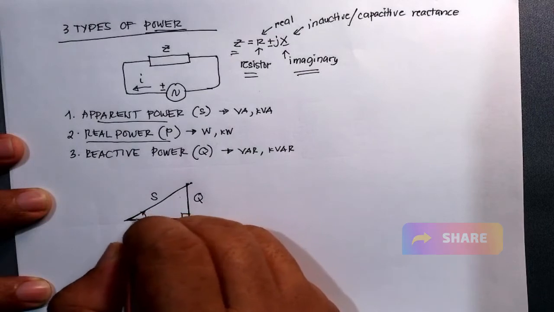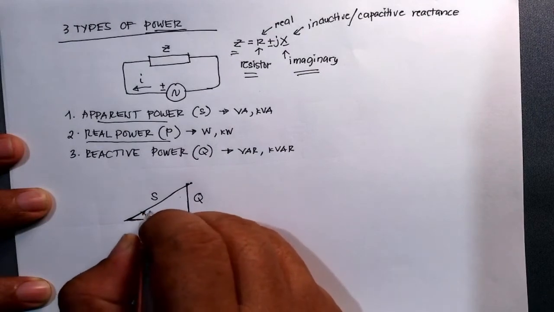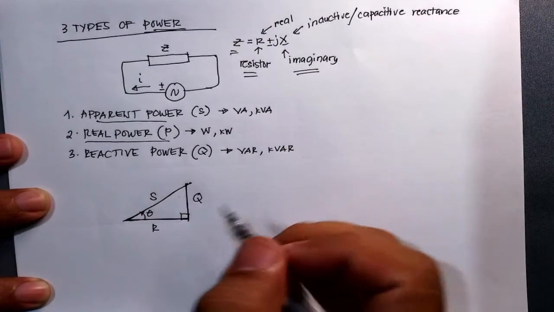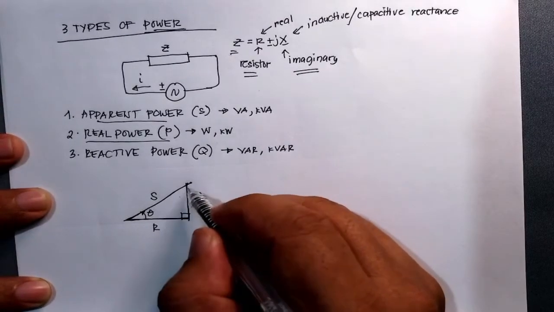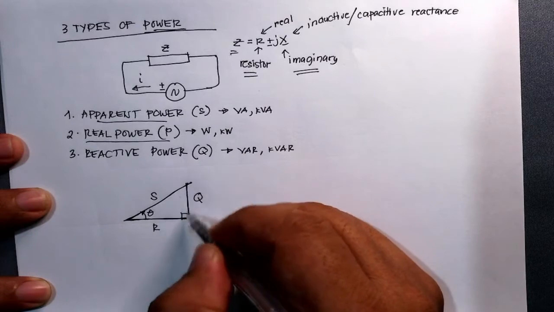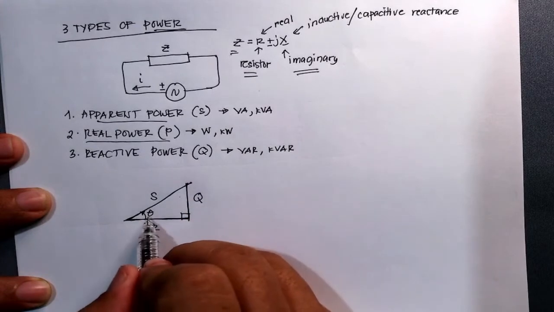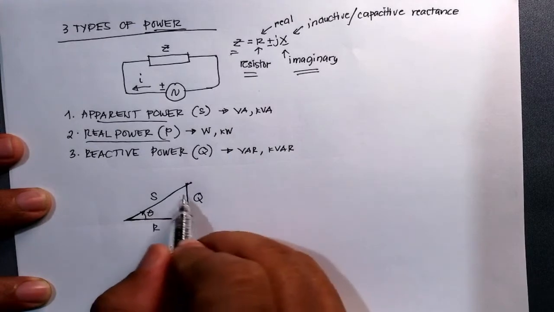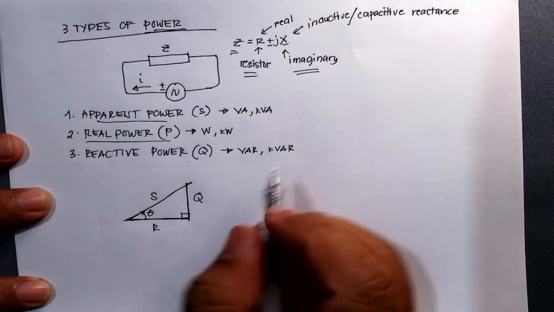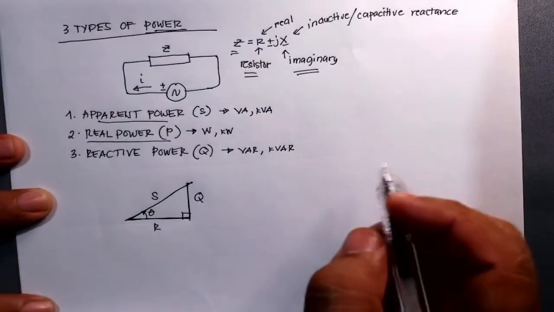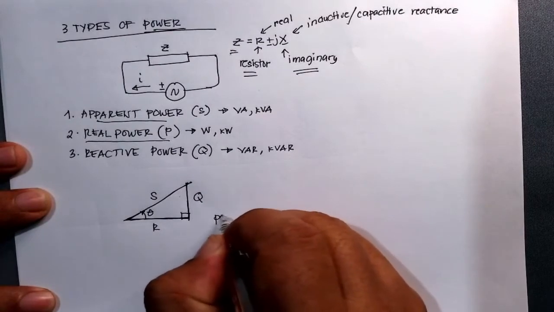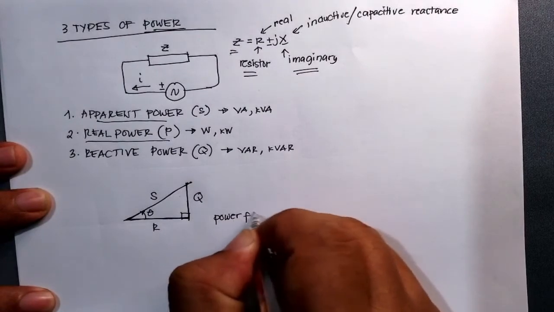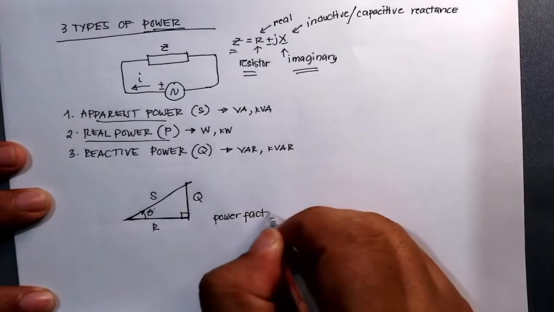This angle here is very crucial because this is your theta, and we can adjust the reactive power by also adjusting the angle here. So this is what we call the power factor correction. And our power factor is based on the theta.